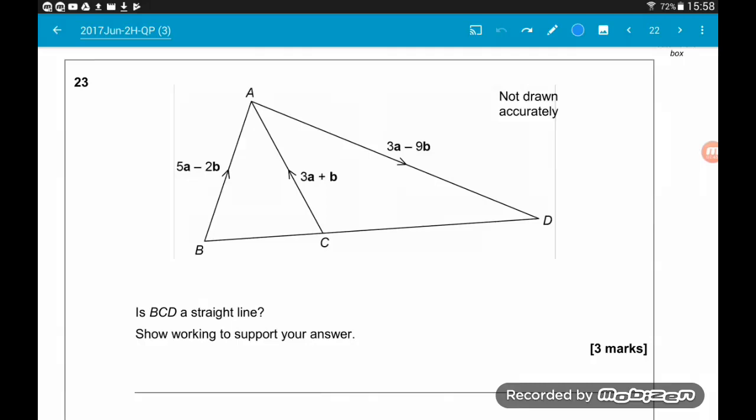So what we need to do is work out the vectors B to C and C to D, and see if one of them is a multiple of the other. So, for example, say we had some vector A plus B, and then we had another vector, let's just say 5A plus 5B.